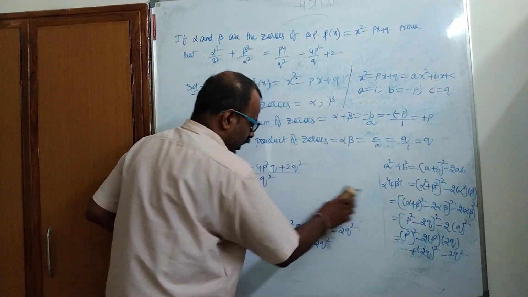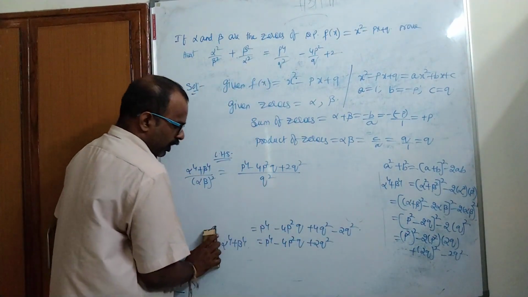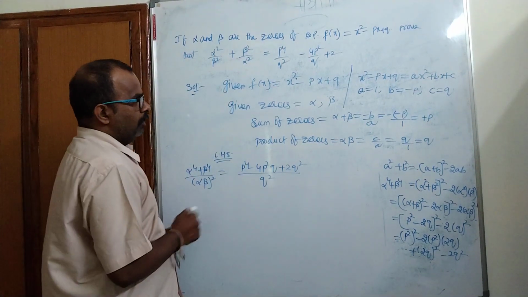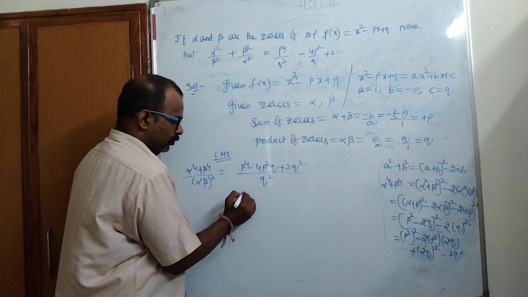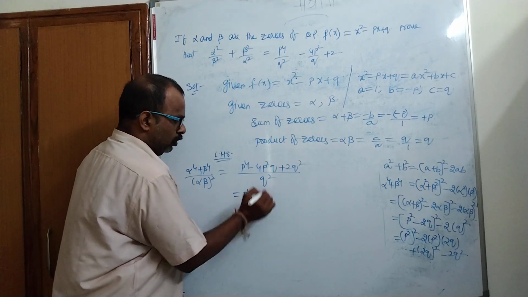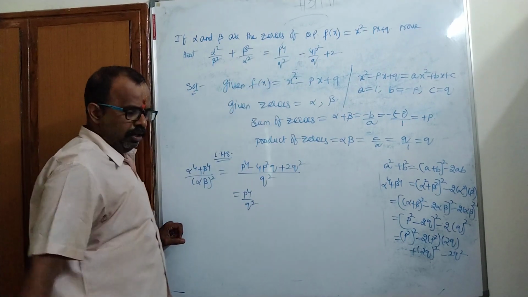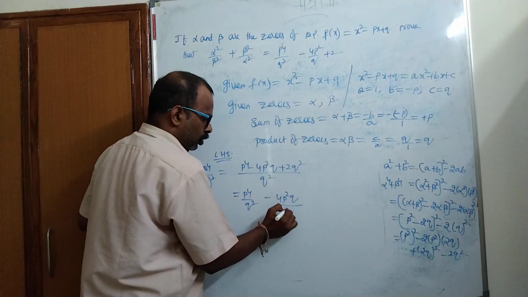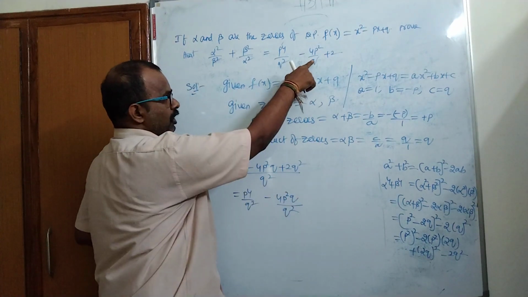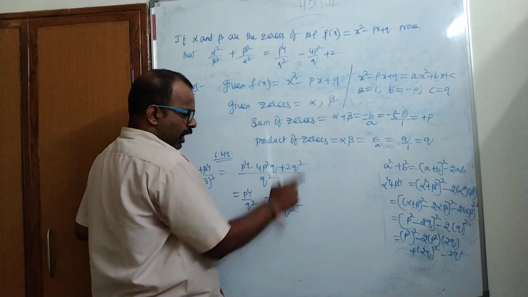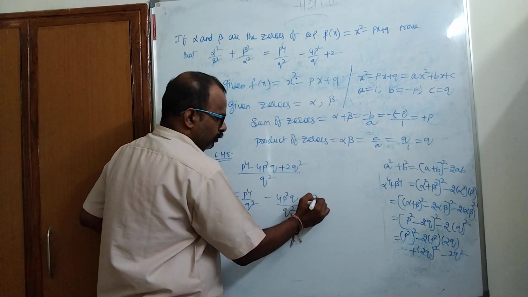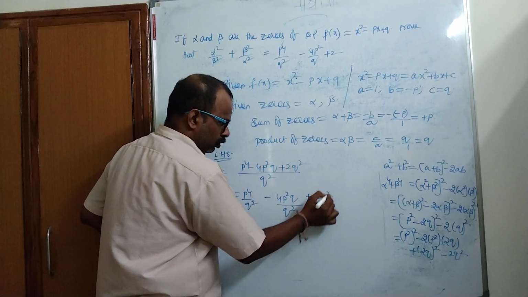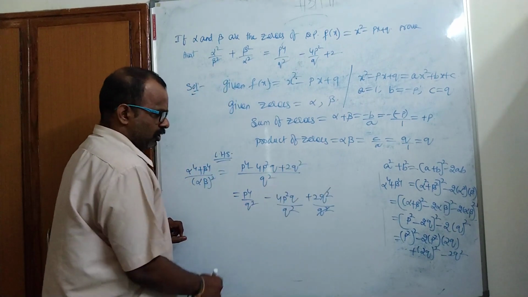Now separate the denominator to each and every term. What do we get here? The first term is p power 4 by q square. Then minus 4p square q by q square, plus 2q square by q square. Q square and q square will get cancelled.